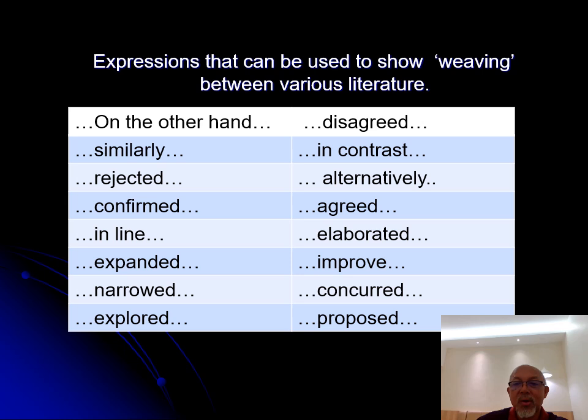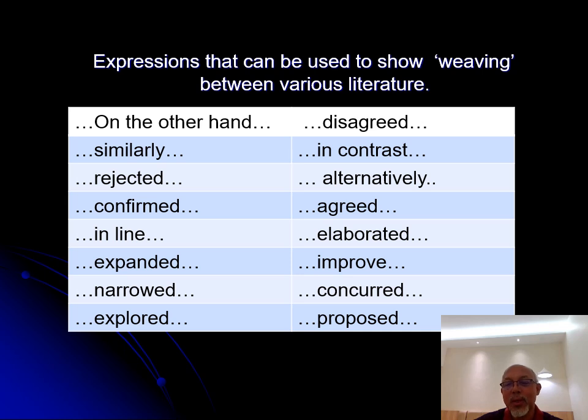Okay, so all these are the connecting verbs weaving the various literatures. You cannot write this if you do not have at least two literatures. Okay, A disagrees with B. If you wrote only one literature, then you cannot say somebody disagrees with himself or herself. So there must be at least two literatures.